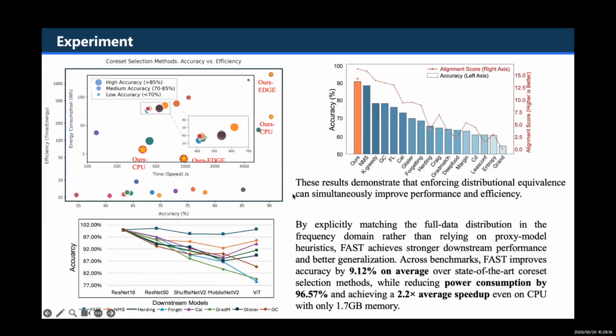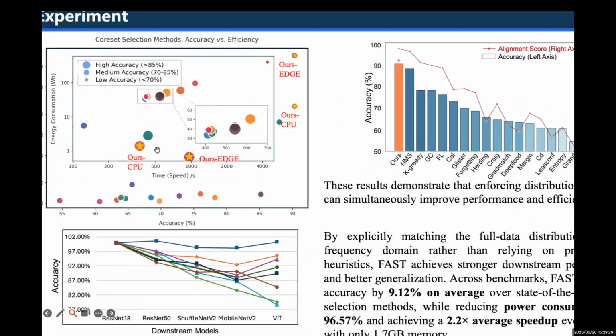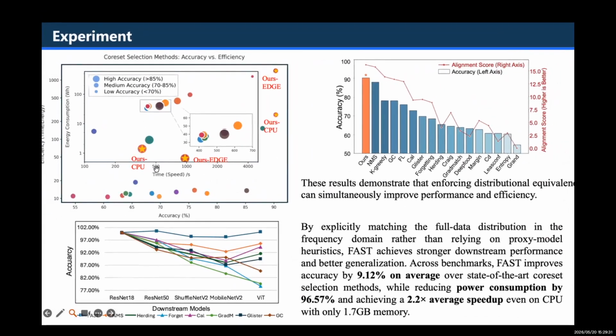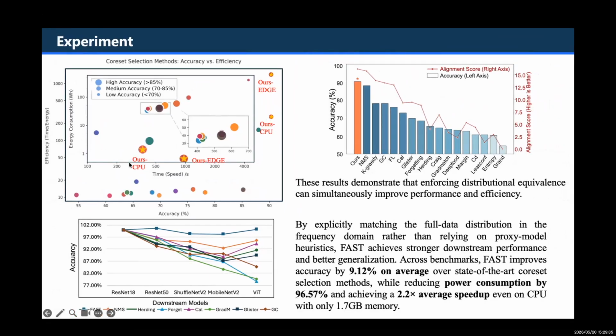Okay, here is our experiment, and we'll see our method performs well. In this figure, the y-axis stands for energy, and the x-axis is time.